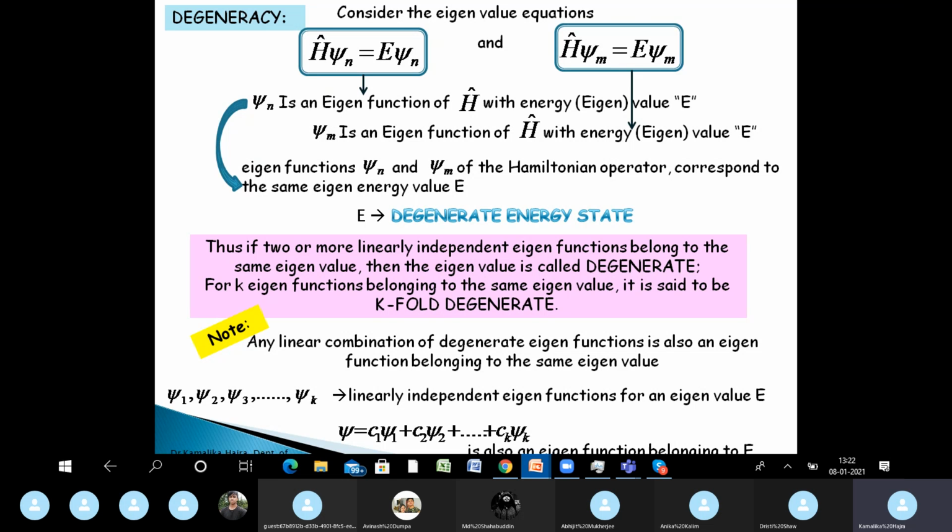So psi 1, psi 2, psi 3, psi 4 and psi 5, all of them are eigenfunctions of H with the same energy value E. Then a function psi, which is a linear combination of these five functions, is also an eigenfunction of H with the same eigenvalue E. Although they are linearly independent states and they each satisfy the eigenvalue equation separately, when you take a linear combination of them, they also satisfy the same eigenvalue equation with the same value E. So this is the concept of degeneracy.